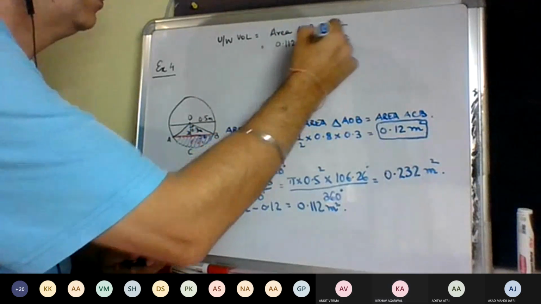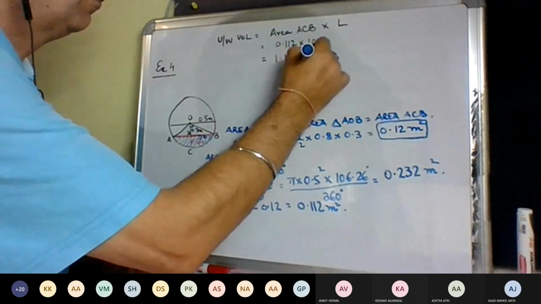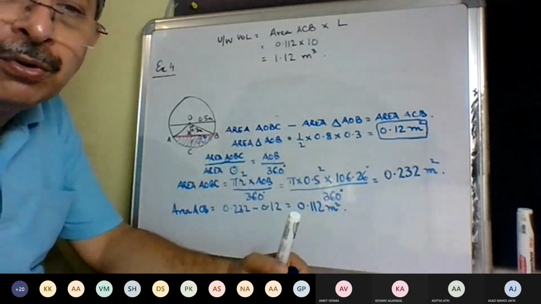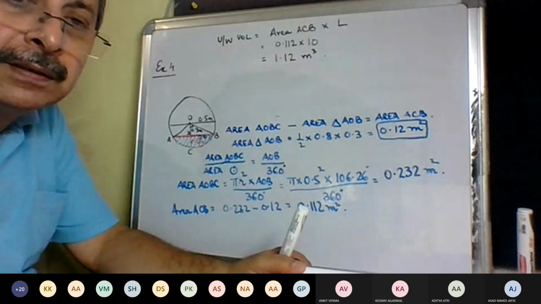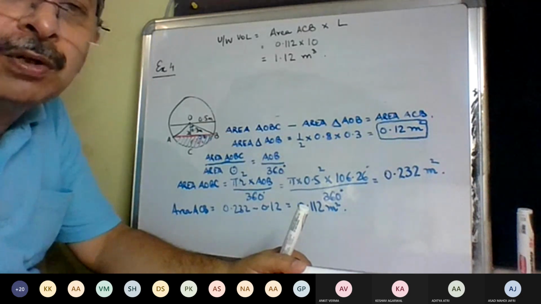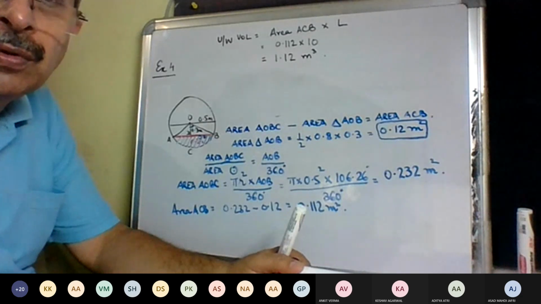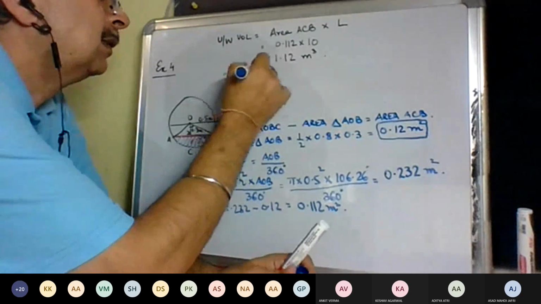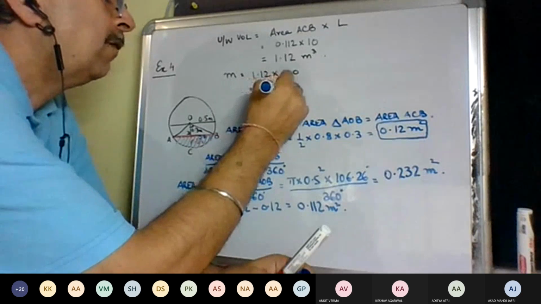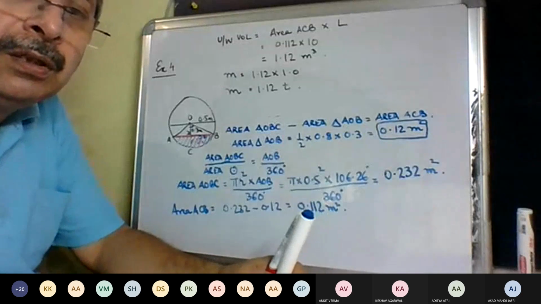So 1.12 meter cube. And therefore now find out the mass, that is volume into the density she is floating in. Sir, 1.12 tons. So mass will be 1.12 multiplied by 1.0, equal to 1.12 tons. That is the mass of the cylinder.